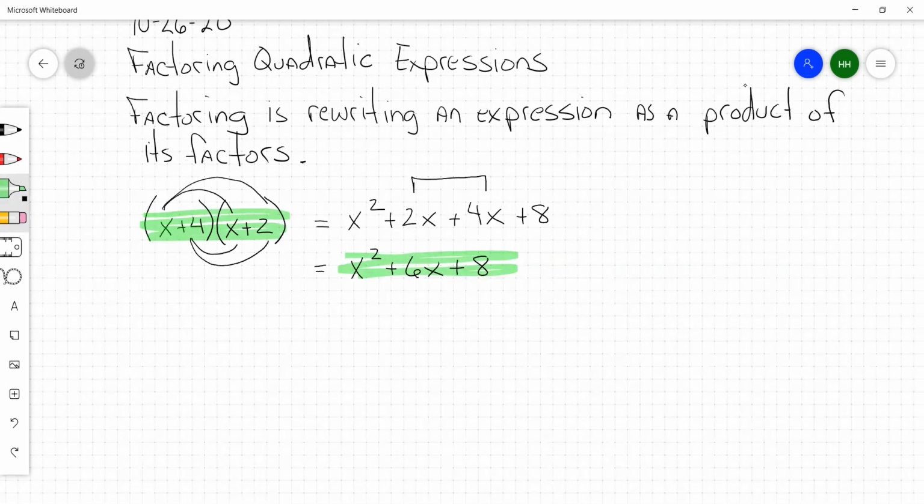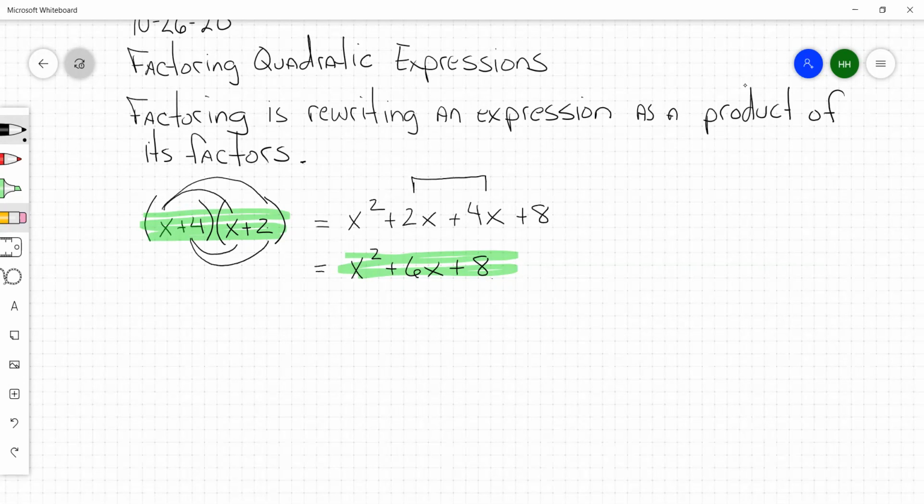So when you're doing that, I'm going to show you some techniques that you can use, but you're always keeping in mind that you're going to be rewriting a trinomial as the product of two binomials. All right? And what I want you to look at right here in this problem is, do you see how this x plus 4 times x plus 2 equaled x squared plus 6x plus 8?